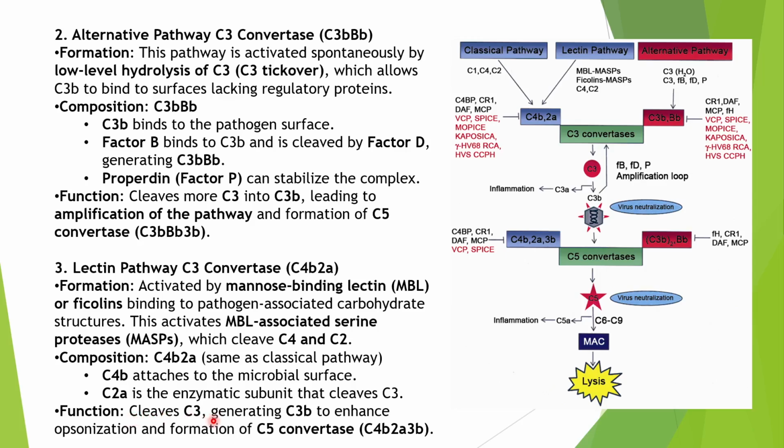Then cleavage of C3 happens, generating C3b to enhance the opsonization and formation of C5 convertase complex, which consists of C4b, 2a and 3b. And then finally C5 convertase cleaves C5 component into C5a and C5b. So then MAC complex formation occurs and leads to phagocytosis or lysis by recruiting phagocytic cells.